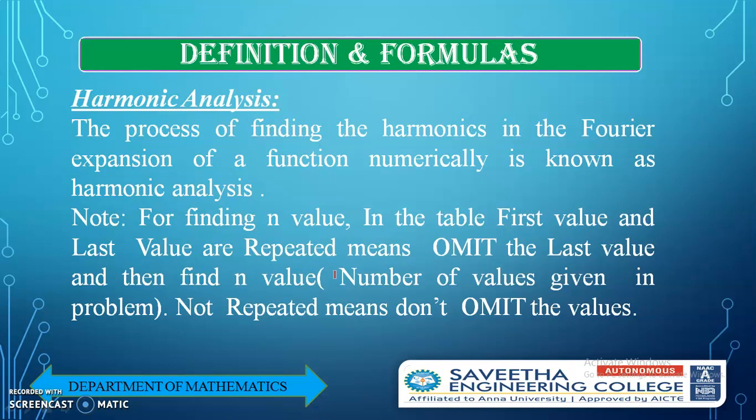Then the last, seventh value is again 1.2. Since the first and last values are the same, we omit the last value, and therefore n equals 6 only. Don't take 7. If the values are not repeated, we can take n equal to 7. So be careful here, this is a very important point. Don't make any mistakes in the problems.